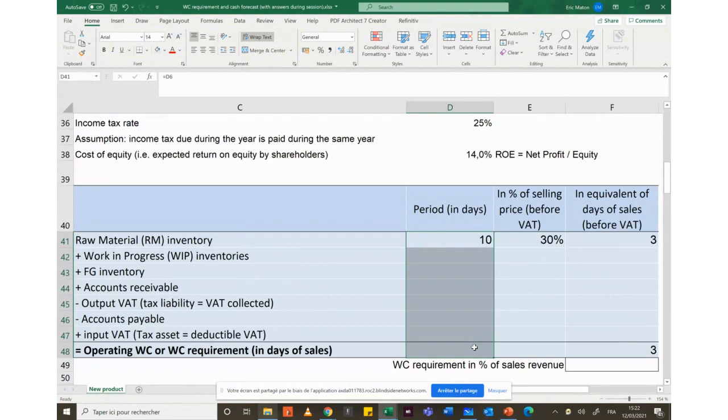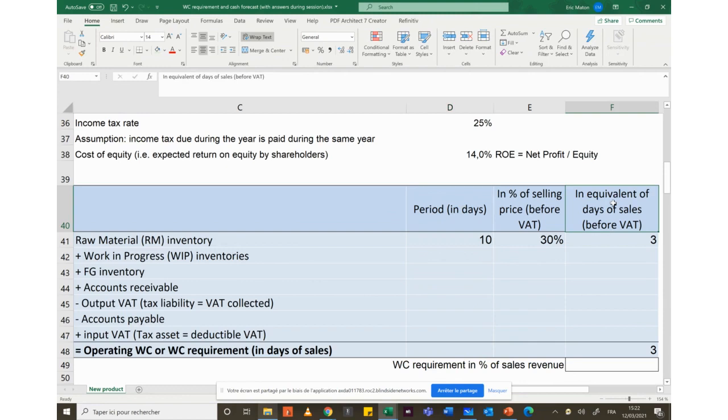So the problem with the column of the period is it is not in function of the same value. If you want at the end to add everything in order to estimate your operating working capital in function of the sales revenue, you need everything already in function of sales revenue. So we need the period, but multiplied by the percentage of the selling price. This cost represents which percentage of the selling price, in order to transform the period into something in days of sales revenue.